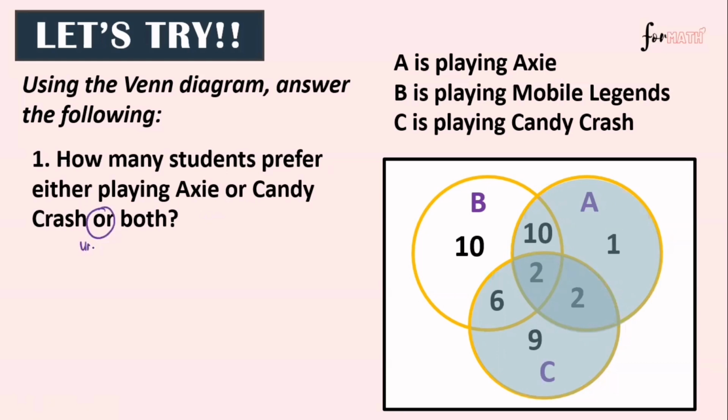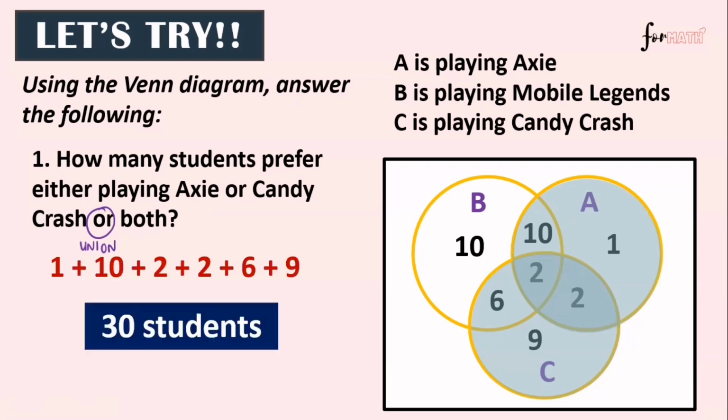Okay? Iko-combine nyo po yung A and C. So, we have 10, 1, 2, 2, 6, and 9. So, i-total natin yan. So, we got 30 students. Okay? So, 30 students po ang prefer nilang maglaro ng Axie or Candy Crush or both.